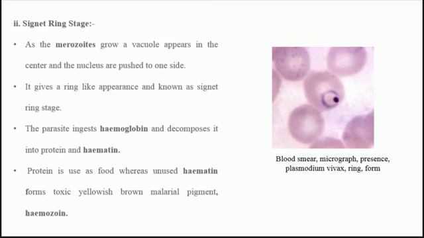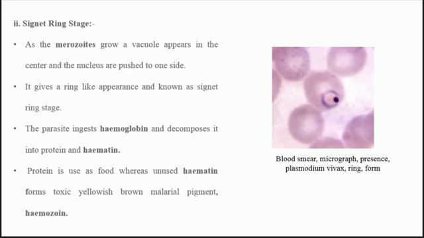Previously I told you that inside the RBC they start eating the hemoglobin, and when they ingest the hemoglobin, it decomposes into protein and hematine. Protein is a food source which is absorbed by the parasite.